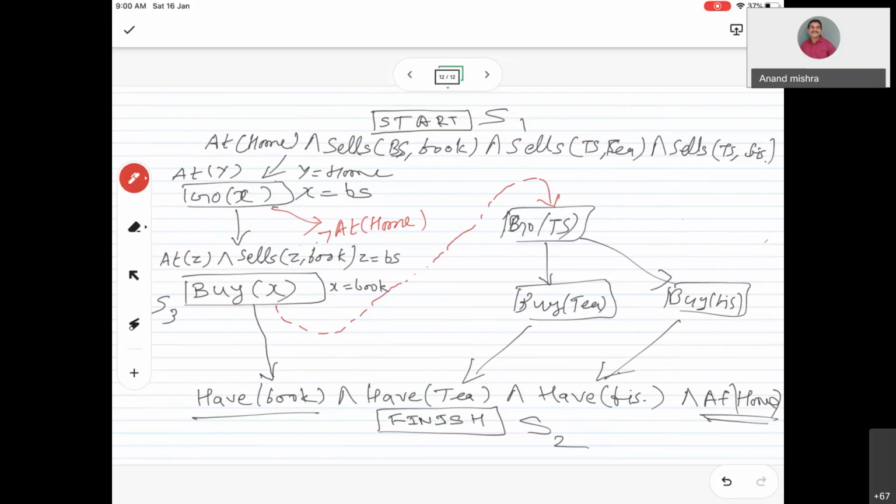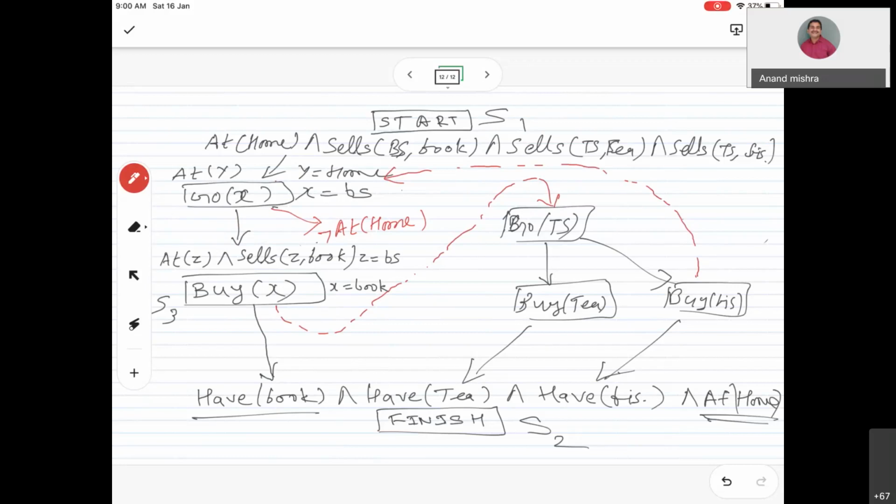So after buying this, you need to have something like this also. There are two orderings we need to add. Either you buy both the tea and biscuit and then go to bookstore, or you first complete buying the book and then go to tea store. So there is some kind of serialization you need to do.